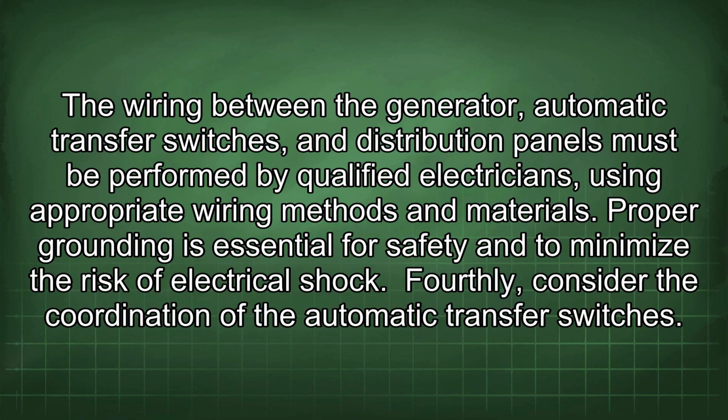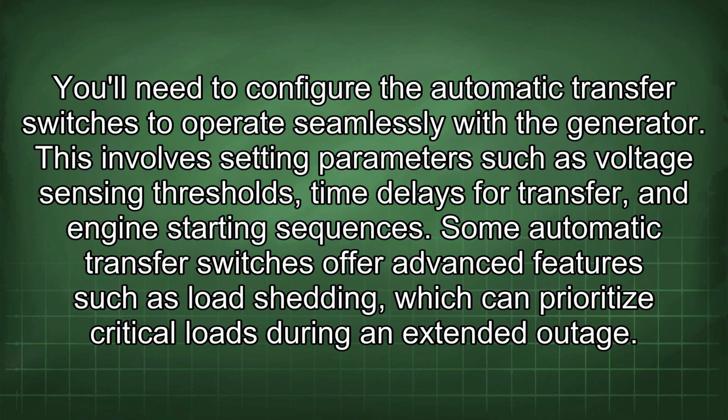Fourthly, consider the coordination of the automatic transfer switches. You'll need to configure the automatic transfer switches to operate seamlessly with the generator. This involves setting parameters such as voltage sensing thresholds, time delays for transfer, and engine starting sequences. Some automatic transfer switches offer advanced features such as load shedding, which can prioritize critical loads during an extended outage.